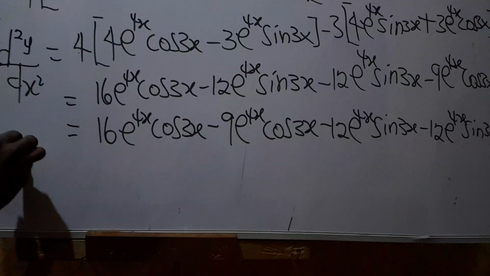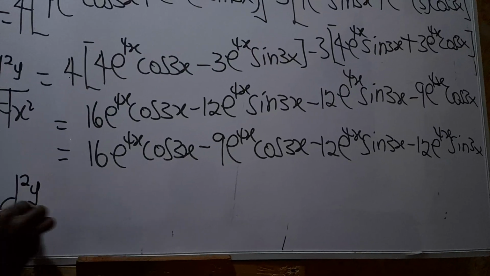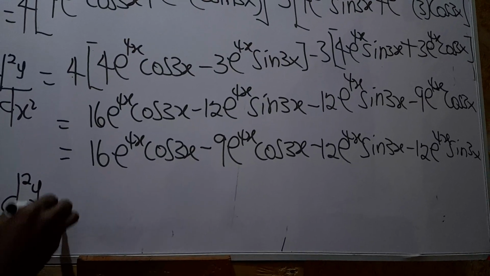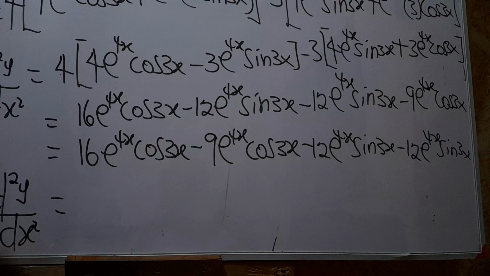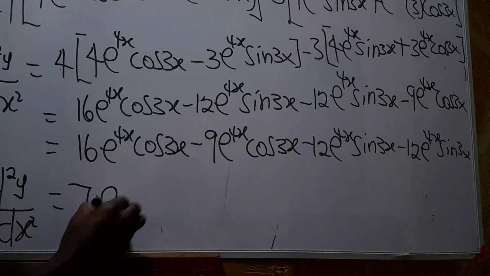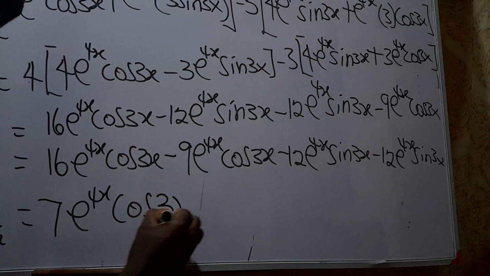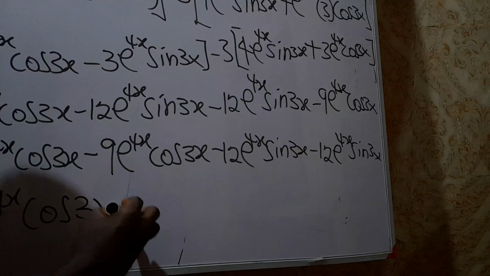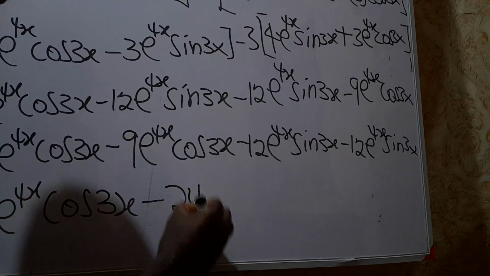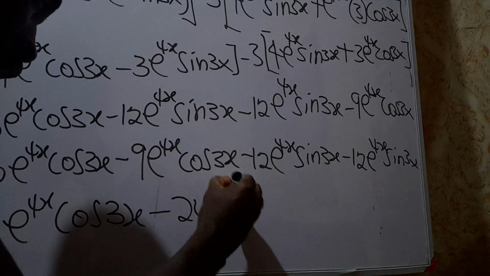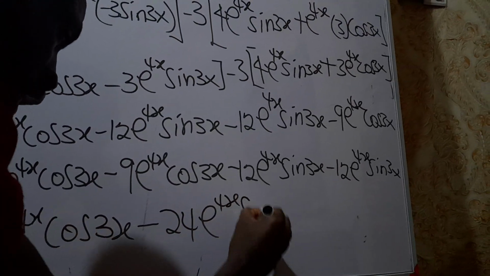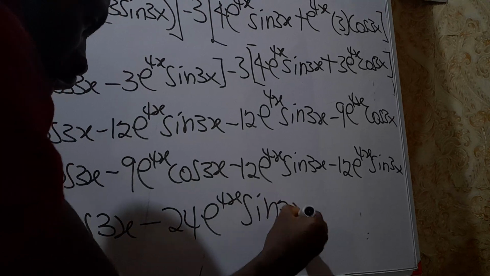Now, my d square y over dx square will be 16 minus 9, that will be 7. So we have 7 e exponent 4x cos 3x. Then minus 12 minus 12 will be minus 24. So minus 24 e exponent 4x sin 3x.